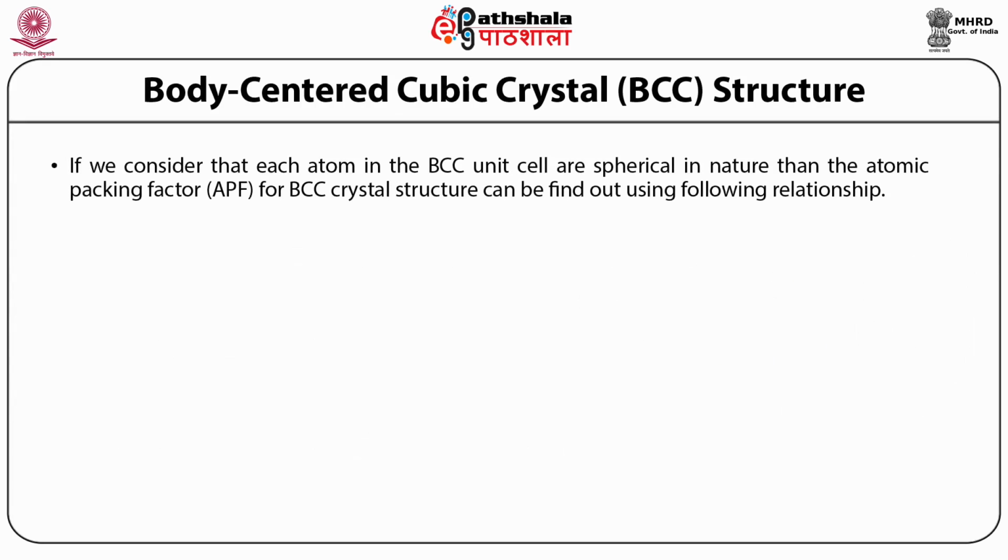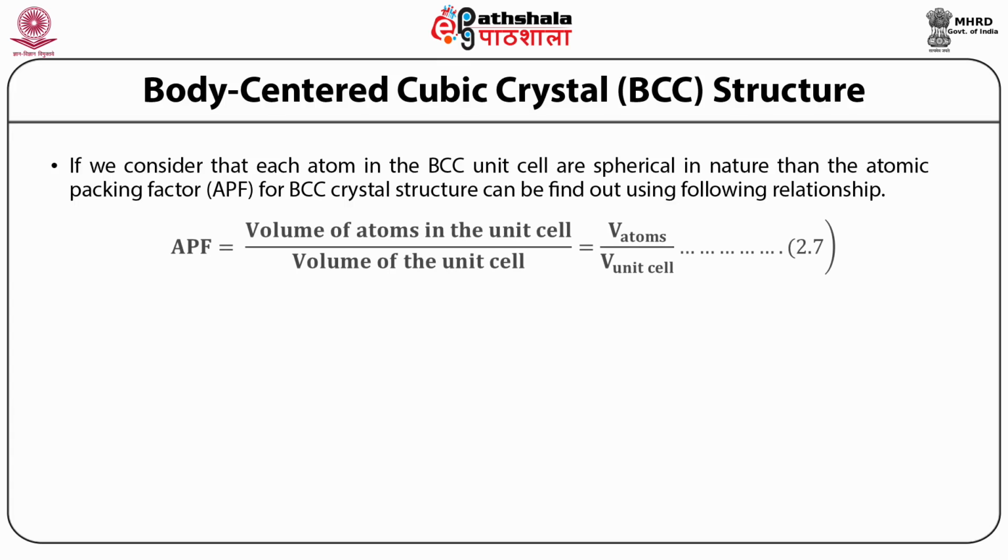If we consider that each atom in the BCC unit cell is spherical in nature, then the atomic packing factor, APF, for BCC crystal structure can be found using the following relationship. APF is equal to the volume of atoms in the unit cell, that is V atoms, divided by the volume of the whole unit cell, that is V unit cell.